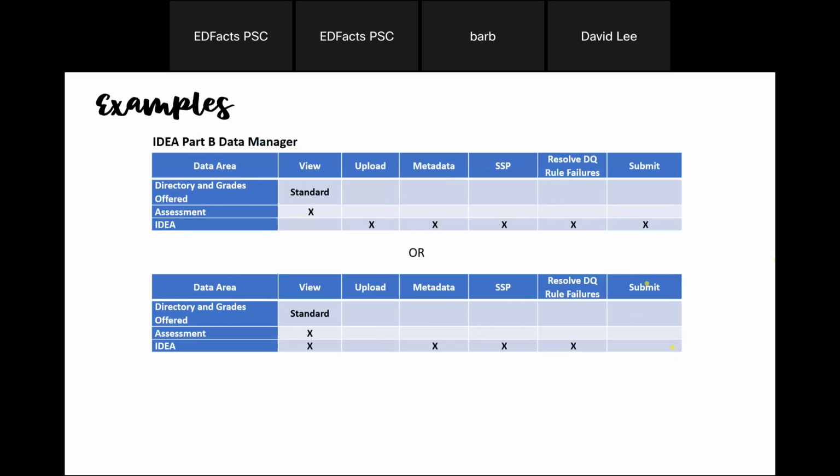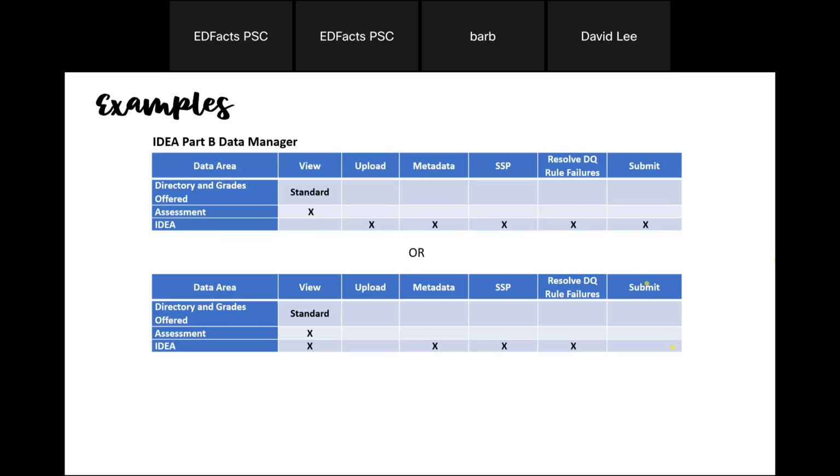What we're going to do is go over some examples that we thought up just to show you the differences in roles. If this is an IDEA Part B data manager, there's a couple different ways that you could provide them access. The first one is showing you that you're giving the IDEA Part B data manager access to upload, submit data, resolve data quality errors as they come up, and respond to the metadata.